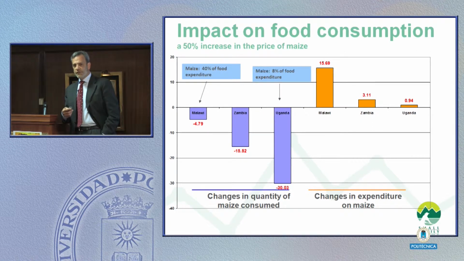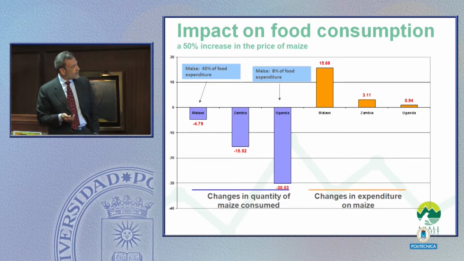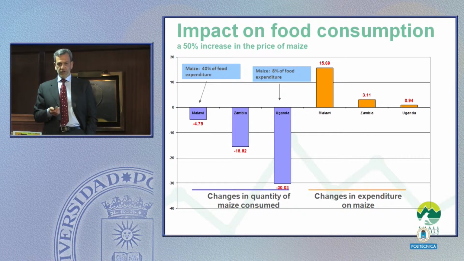It is not only the volatility that politicians are worried about, it is the impact of high prices on food security. These are results based on a demand model for maize in Malawi, Zambia, and Uganda. It is a simulation of a 50% increase in the price of maize. And look what happens in Malawi.